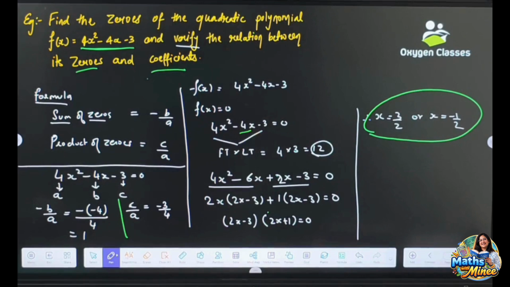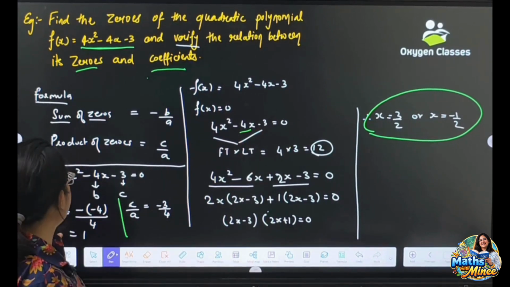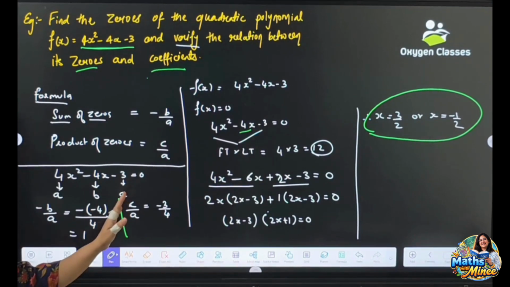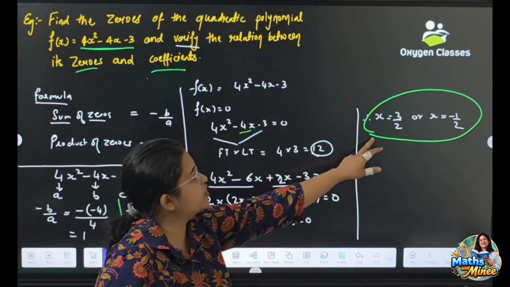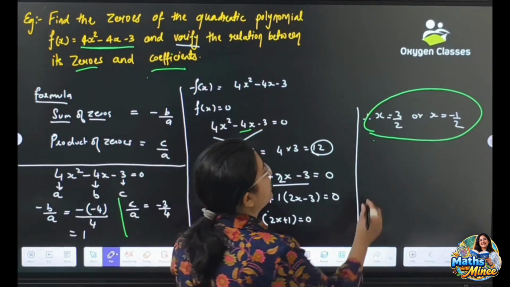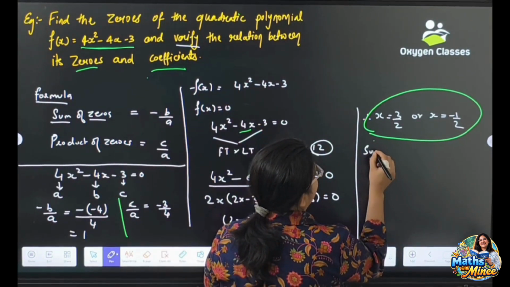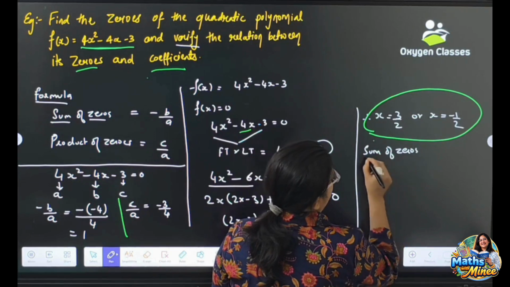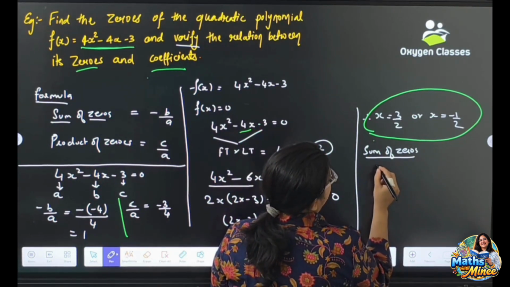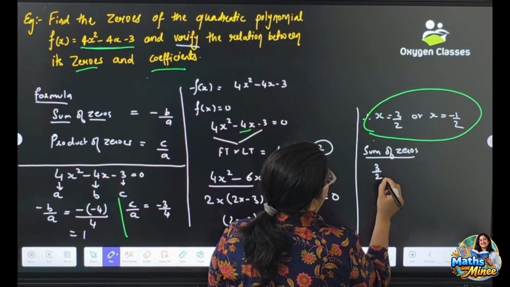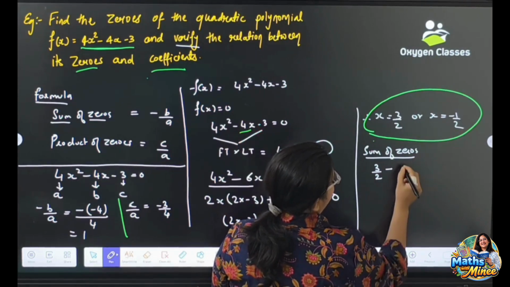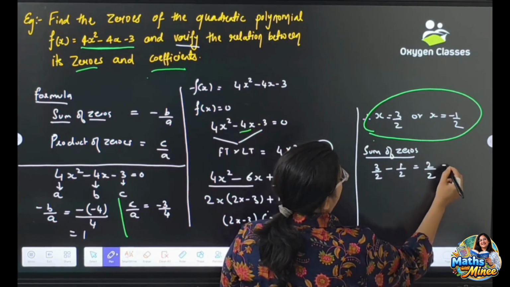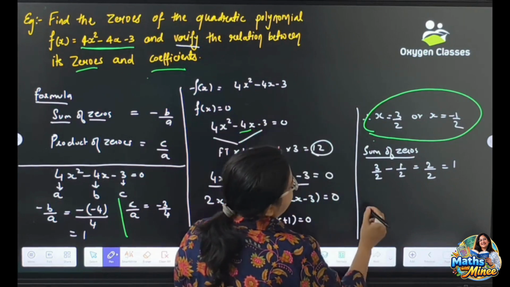Done? Now we will verify this. This we found by using the coefficients. Already we have the solutions. Now we calculate the sum of zeros: 3/2 plus, since the negative sign is given, minus 1/2, that is 2/2, which is equal to 1.